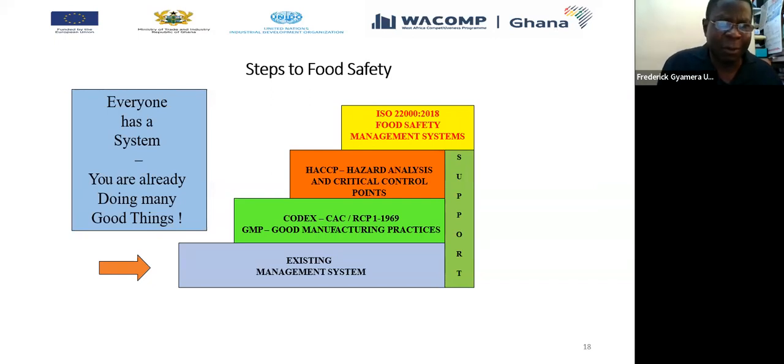What is the definition of a system? You have the structure, you have the manpower, you have the protocols or the procedures, but how reliable are these elements that I've mentioned? Did you copy the structure from somewhere? It depends on where you come from.